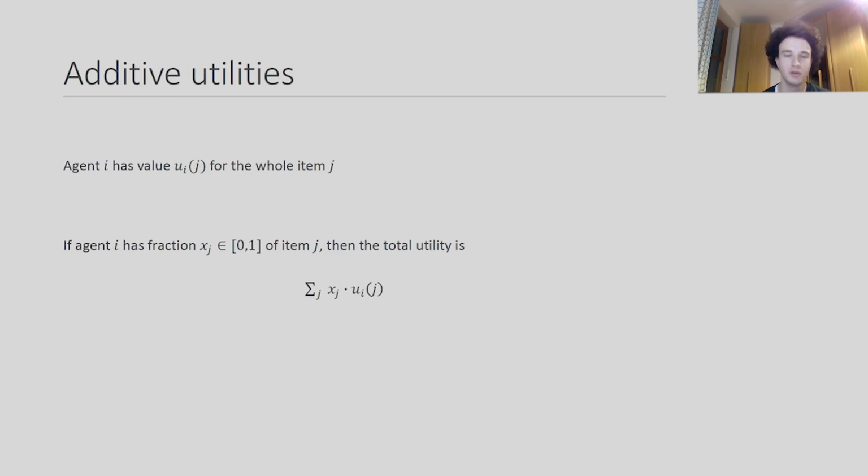Well, if you have 20% of some item, you simply get 20% of the value of the whole item. If you have 70% of some item, you simply get 70% of the value of the whole item. And then you are additive over items. So you do this for every item and you sum it up, and that's how the utility is determined. So it really is the most natural, the most simple utility you can think of for this setting.